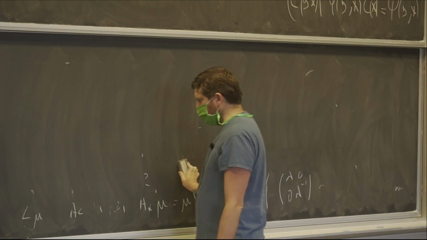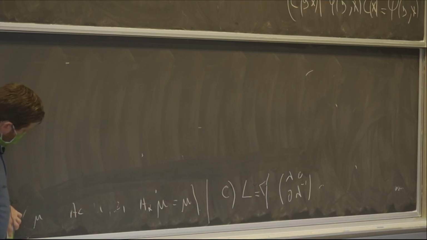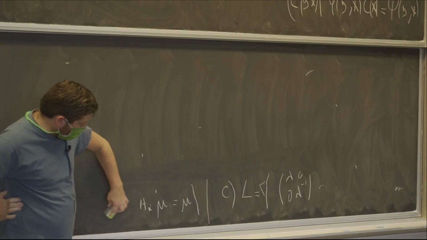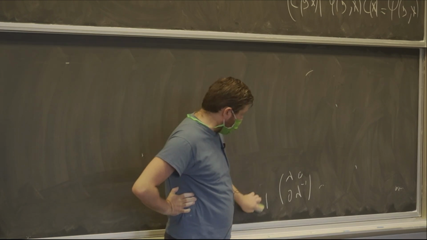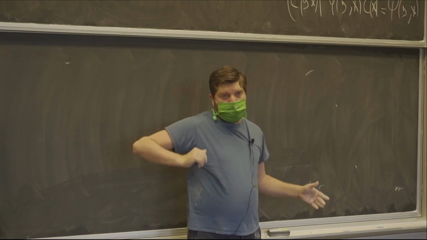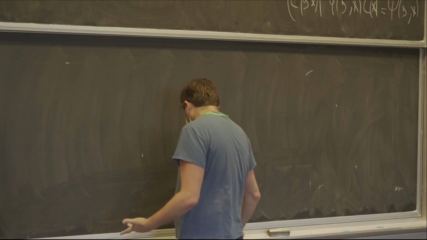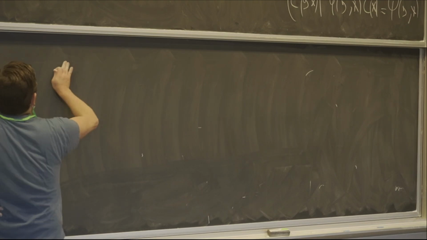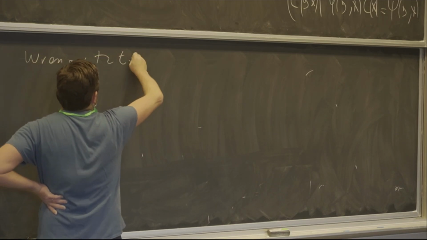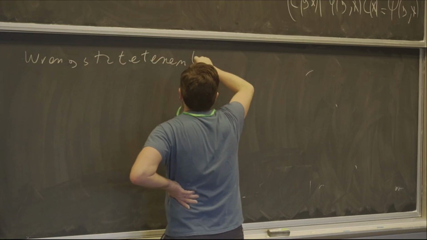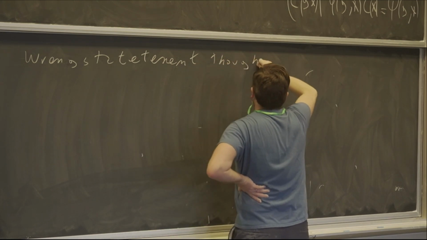So what I'm going to do is put these sets, these groups of the form A and groups of the form B, so the compact groups and the upper triangular groups, together. And I'm stating a statement about these guys, and I'm just pretending this C-type does not exist. Okay, so wrong statement, though philosophically true.